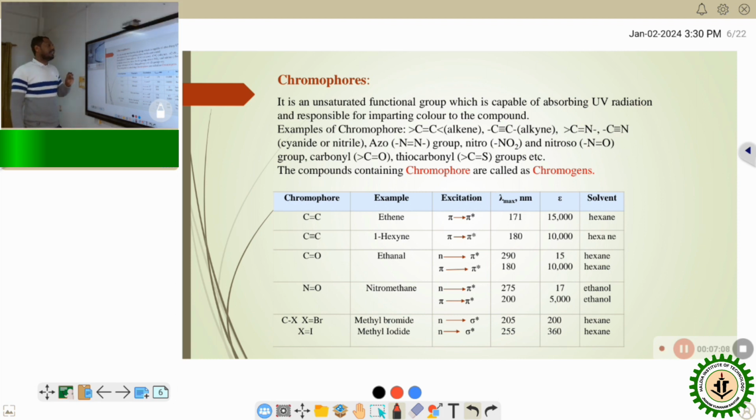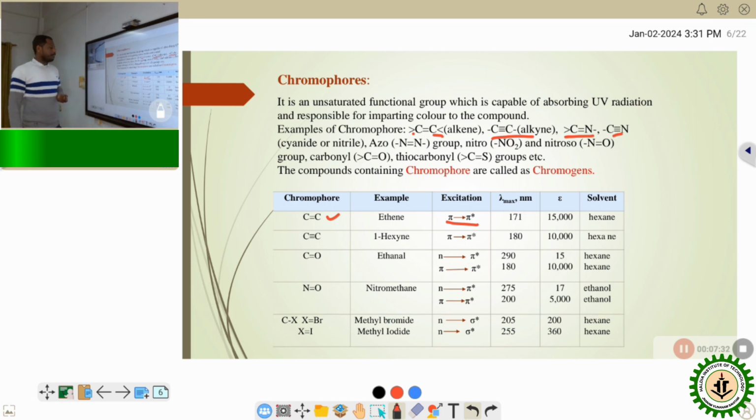Basically they are unsaturated functional groups like alkene, alkyne, nitro, cyano. This type of functional group is known as a chromophoric group. For ethene, which contains only a carbon-carbon double bond, what type of transition takes place? A pi to pi star transition.